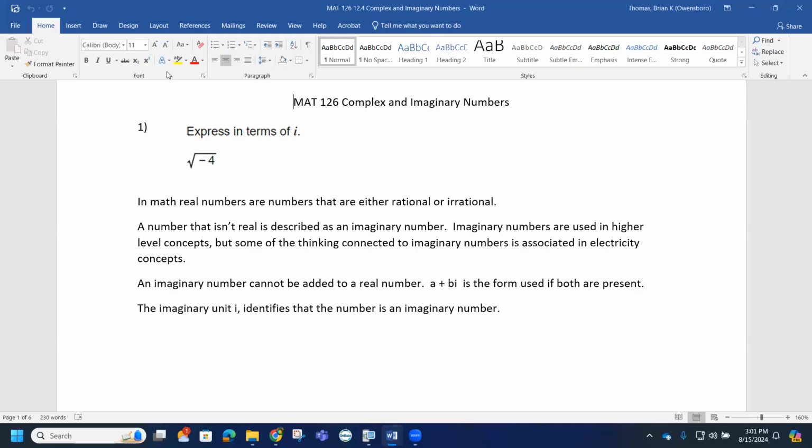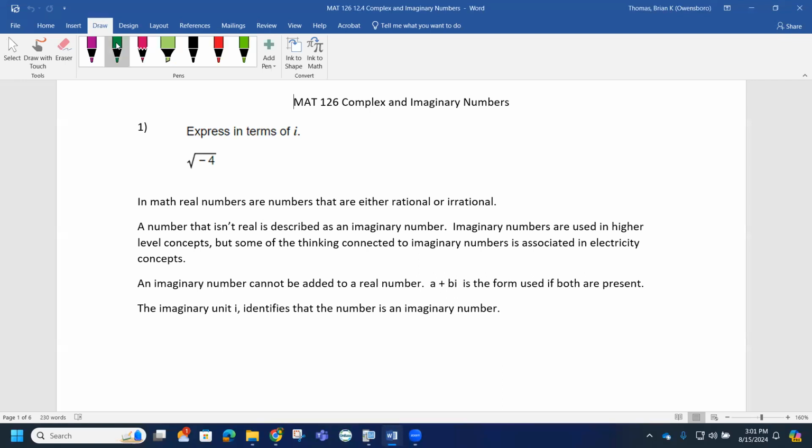Complex numbers involve not only real numbers, but imaginary numbers. So complex numbers are real and imaginary. But keep in mind, you cannot combine a real number with an imaginary number; that would be considered simplified.